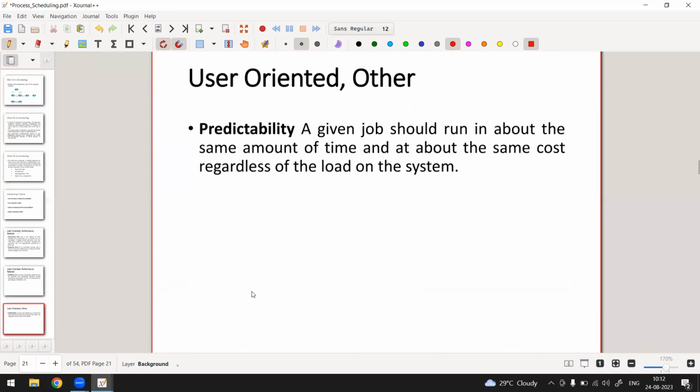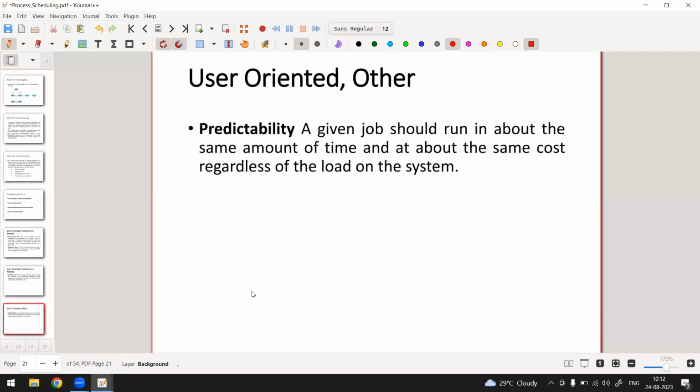Another criteria is called predictability. What is the meaning of predictability? It means that the given job should run in about the same amount of time at about the same amount of cost regardless of the load on the system.